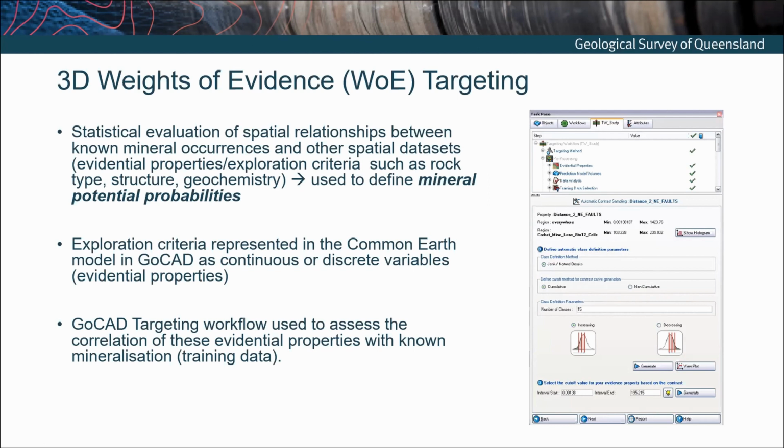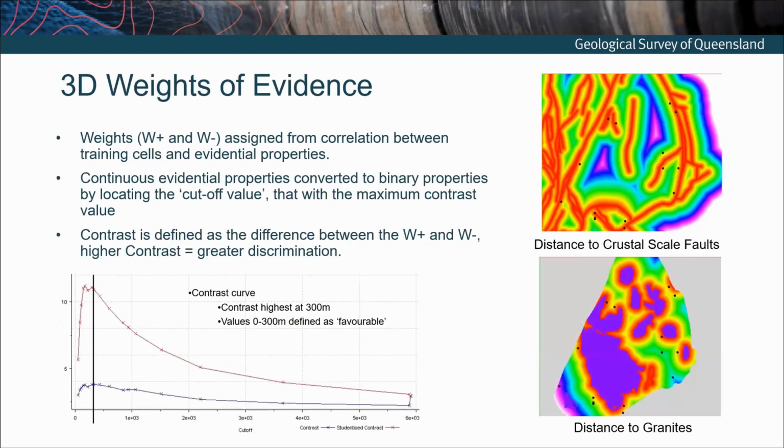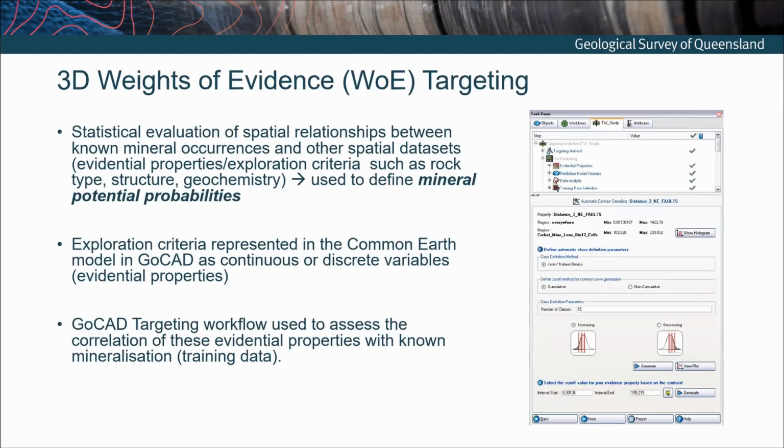Then we had these probabilities, they're represented within our common earth model, which is the model that Matt just showed you, as continuous or discrete variables. And then we used the GoCAD targeting workflow, which was a plugin to assess the correlation of these properties with our training data sets.